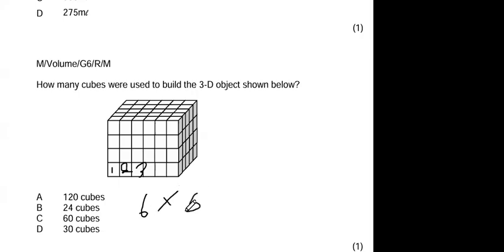This is like volume, right? And you see how many go up, times it by how many go up, which is 1, 2, 3, 4. So 6 by 5 is 30. 30 times 4 would give us 120. So it's definitely 120. All right, so that would be our answer.